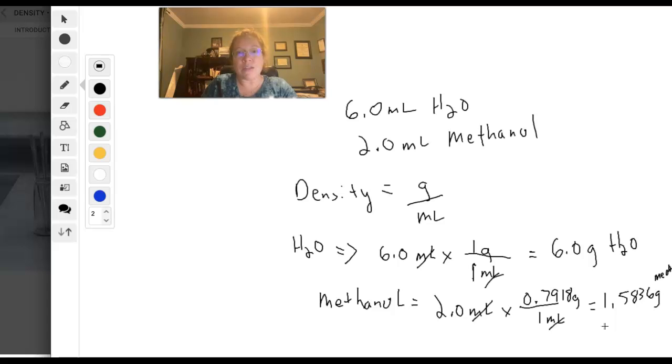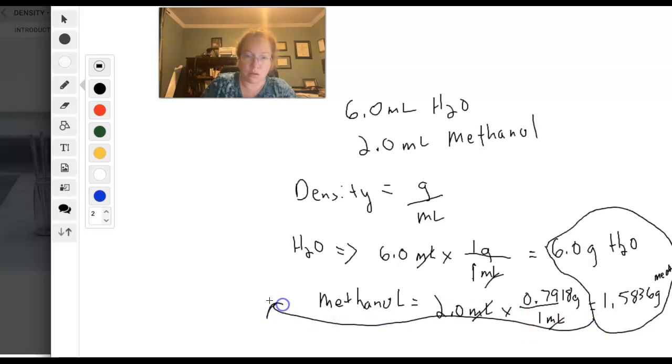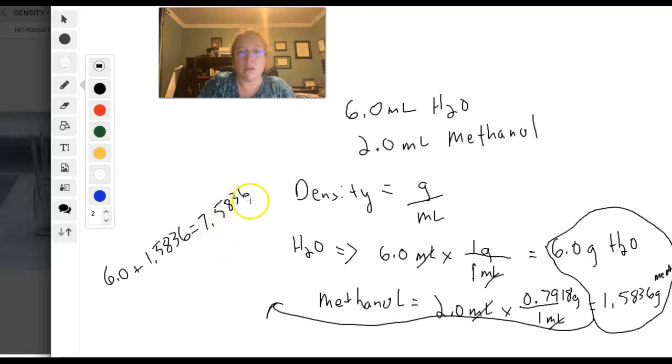Question is, though, what is the total weight? So let's take these values and add them. So it's 6.0 plus 1.5836, and you get 7.5836. All right, then the total volume is equal to 8.